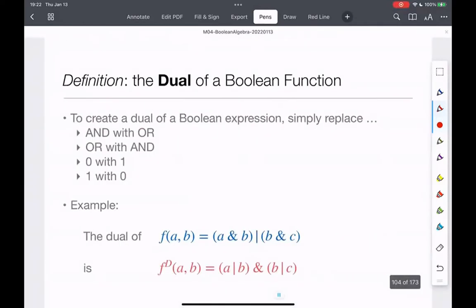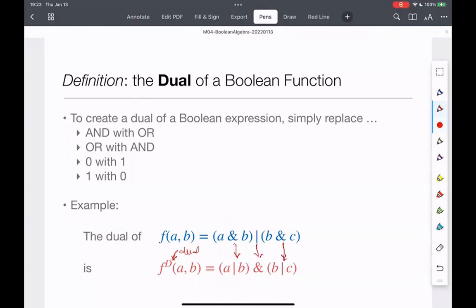Okay, so going back, oftentimes you may have expressions which literally do use the constant 0 and constant 1. So the idea would be 0 gets replaced by 1, 1 replaced by 0. For example, if I give you the expression F(A,B) is A and B or B and C, then its dual, which is indicated by this symbol, is wherever there is an AND, it becomes an OR, and every OR becomes an AND.